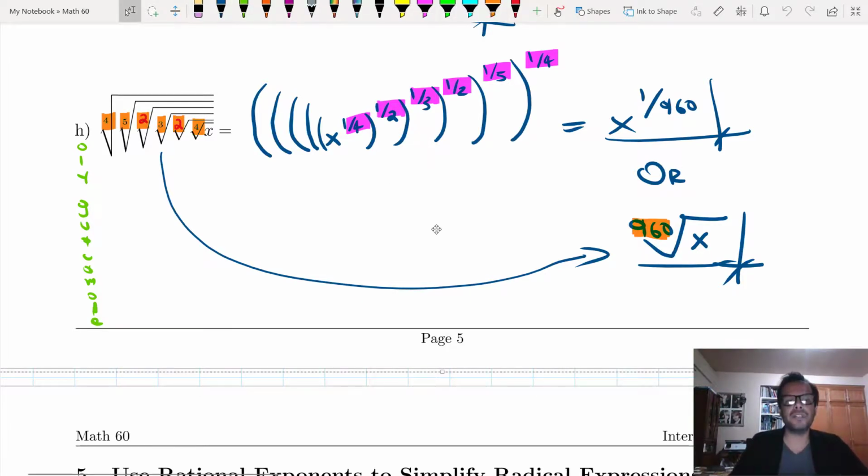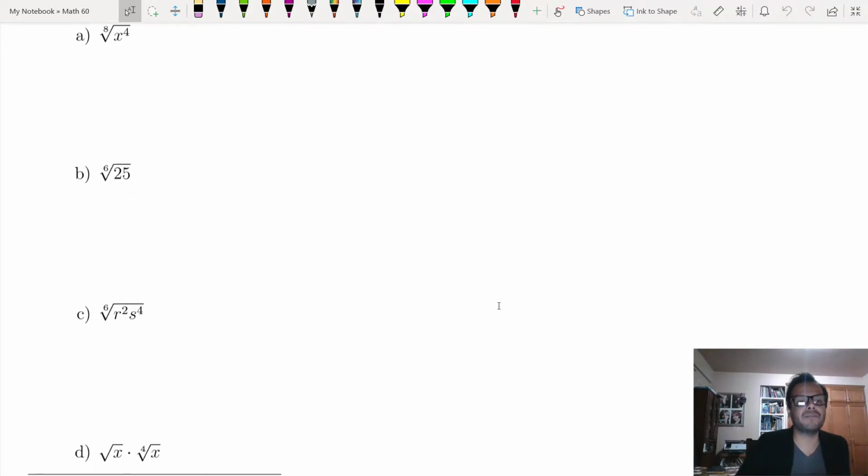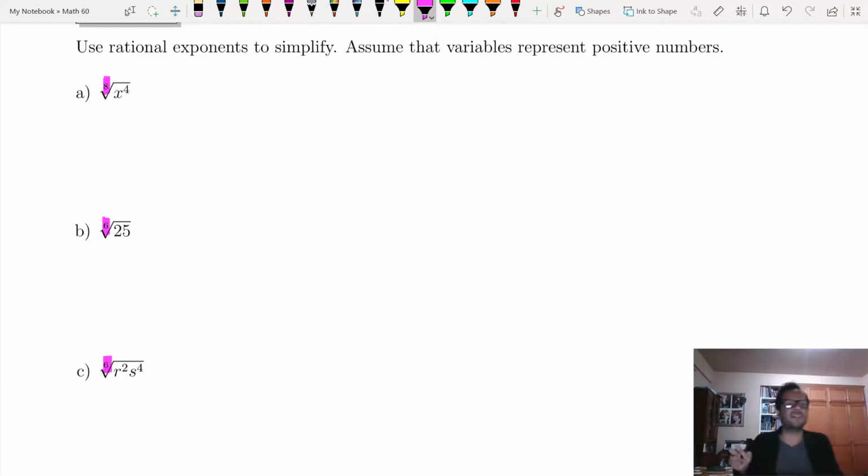Okay, let's move on to the next page, to the very last topic. So we are going to use rational exponents to simplify radical expressions. So we are going to be given, notice something, let's highlight these guys right here. We are going to have the 8th root, the 6th root, the 6th root again, right?